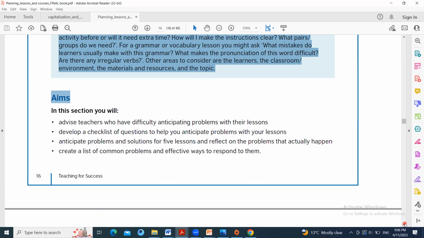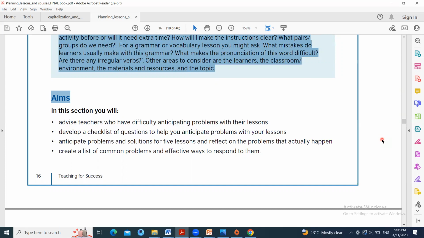Also, you will develop a checklist of questions to help you anticipate problems with your lessons. Another aim is that you will anticipate problems and solutions for 5 lessons and reflect on the problems that actually happen.